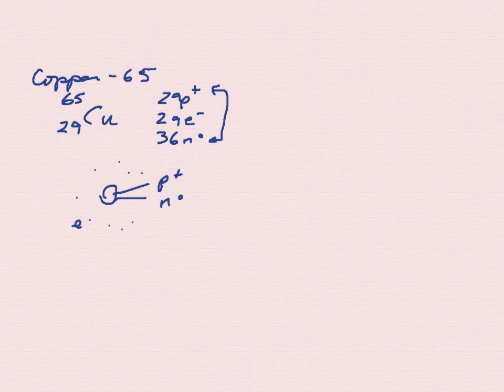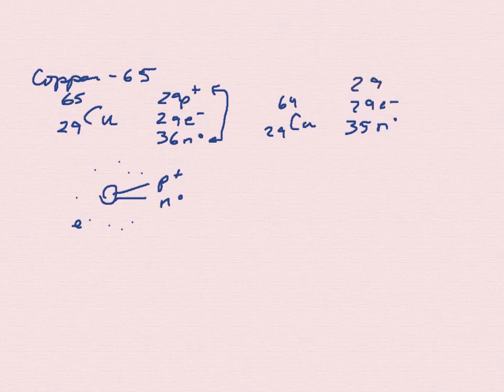If that's a nuclear symbol, you should understand about the isotope. So if I do another one beside it, and I had Cu64, the atomic number is going to be exactly the same, but you're now going to have 35 neutrons. So you should have an understanding about isotopes versus isobars.